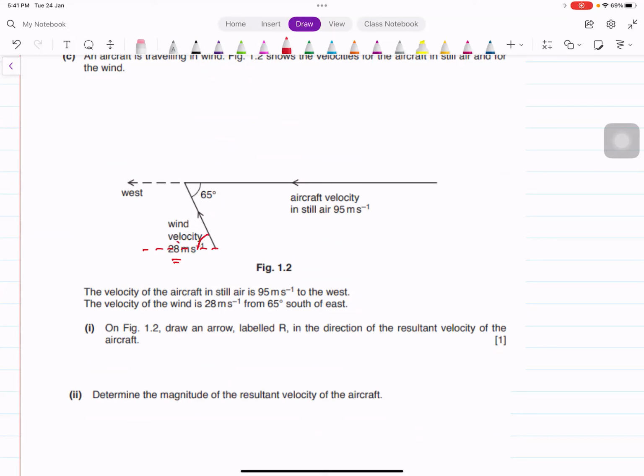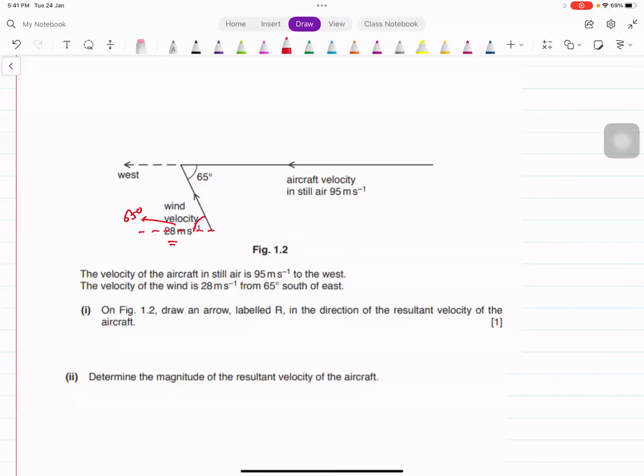Let me write it here. Then it says draw an arrow labeled R in the direction of the resultant force. If something pushes you to this side and something pushes you to that side, you're going to go somewhere in the middle, between them. So this is what you're going to do.